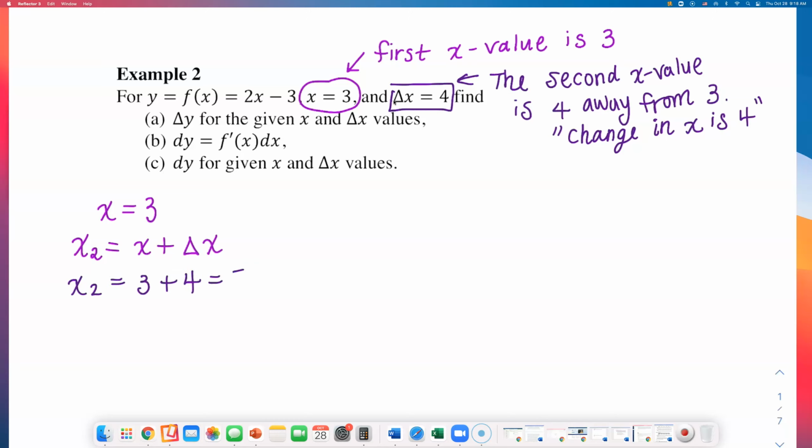So we're looking at two x values. The first x value is 3. The second x value is 7. Okay? What they want you to find in part A is change in y.